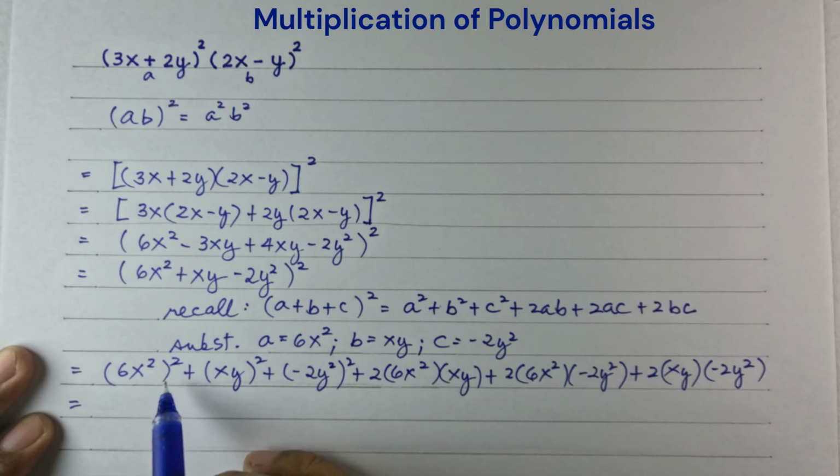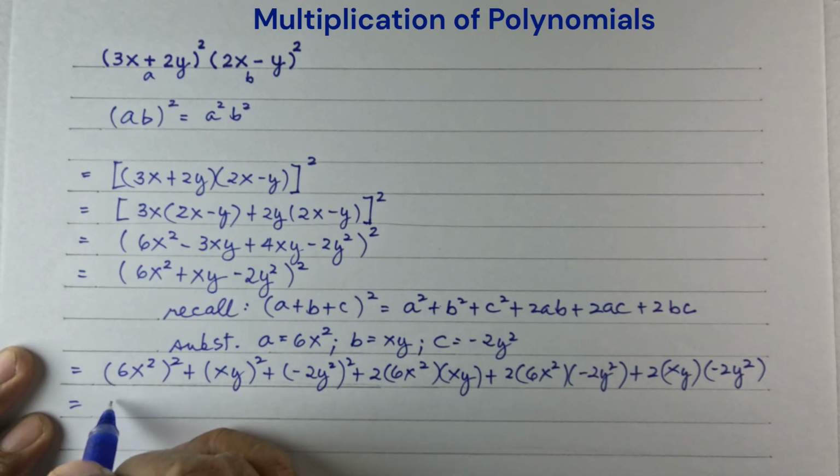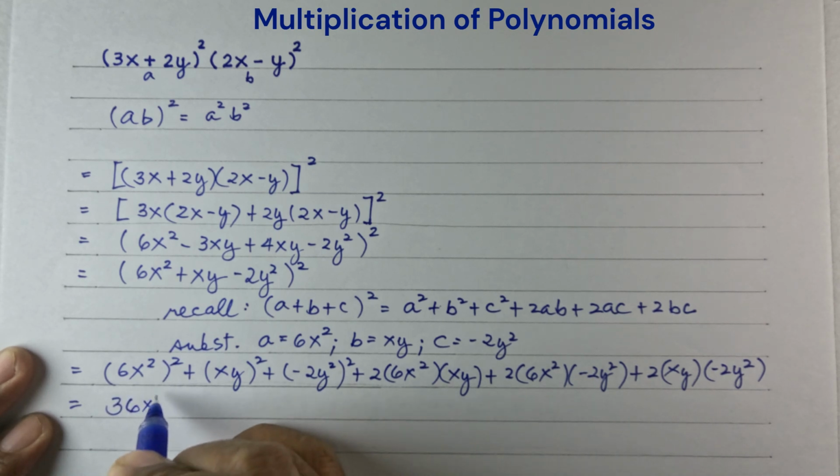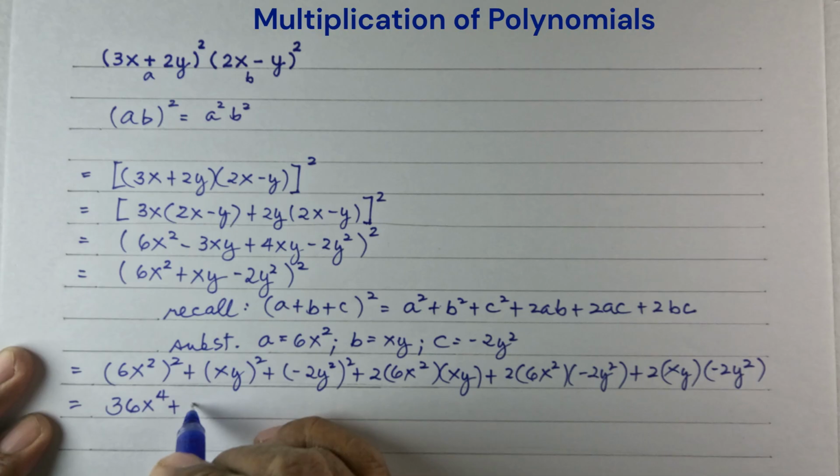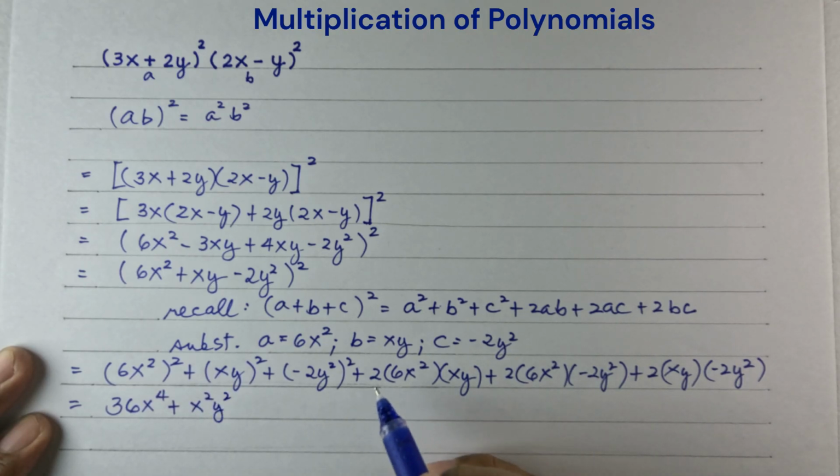So the square of 6x squared is 36x to the fourth. The square of xy is plus x squared y squared.